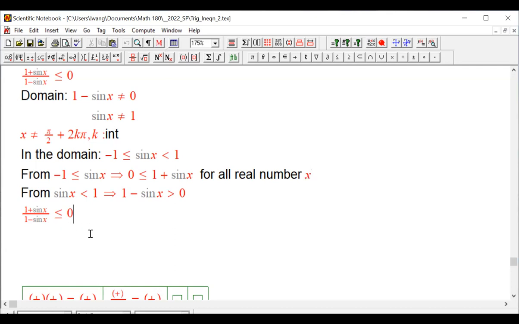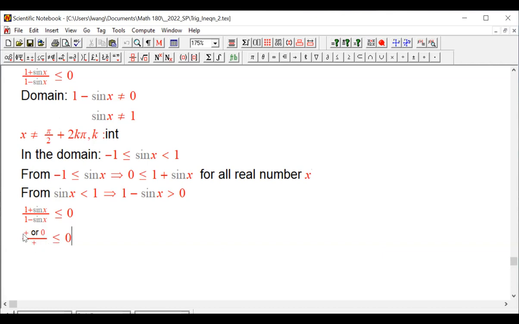So what situation do we have? The numerator is always positive or 0. The denominator is always positive. And we want this thing to be less than or equal to 0, right?